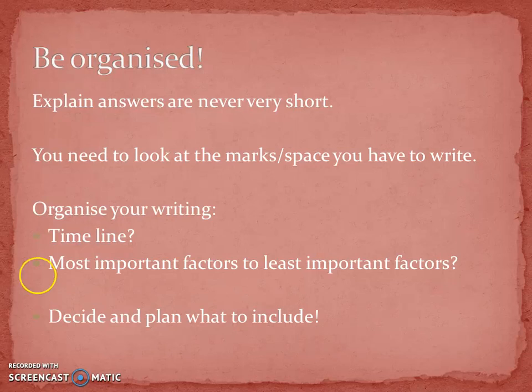So you might go for the really obvious, I'm saying important here, but what I mean is the big, obvious factors, and then go back to the more subtle factors after that. I wouldn't necessarily put in ones that aren't important, but you'd start with the main story and then go for the more minor ideas. It's up to you which one you do.